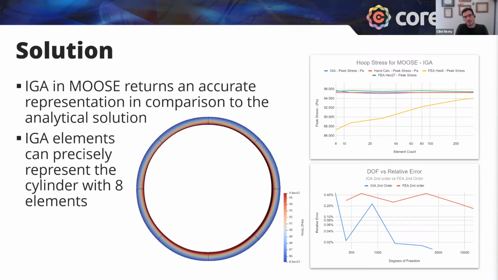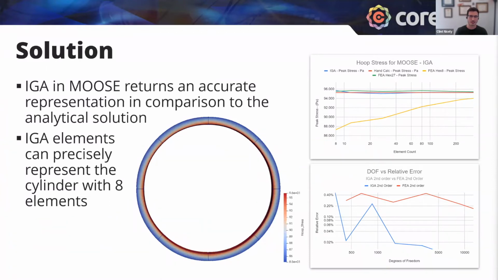The IGA solution is being compared against a first order hexahedral element and a second order hexahedral element within Moose. So we see right off the bat that the isogeometric analysis converges very quickly to the analytical solution, and in fact, its answers lie almost on top of the analytical solution.